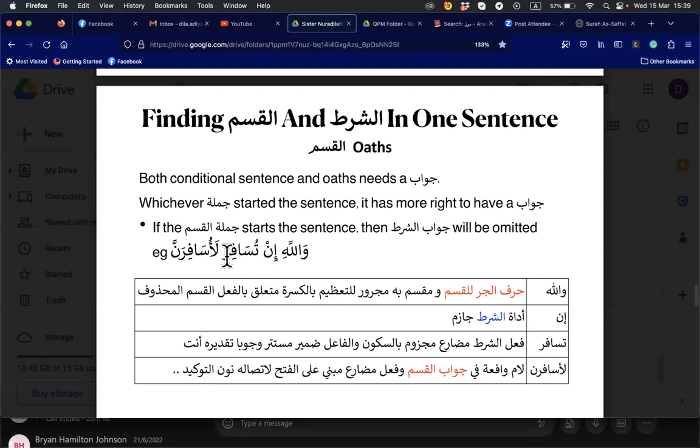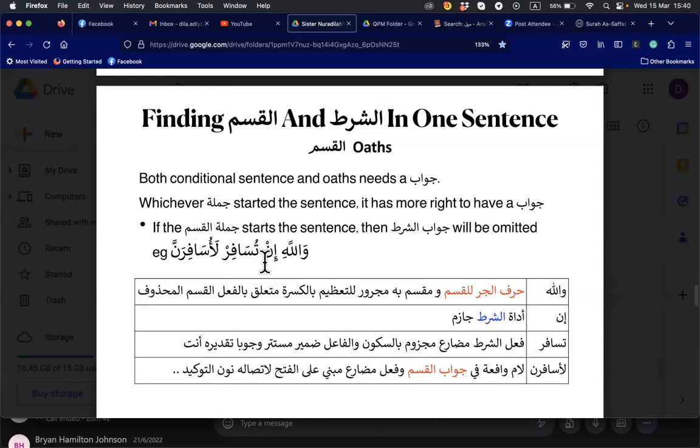So that's why they say, what happens when two things come at once, right? You have a qasam and a shart, right? So what happened is, since the qasam comes first, this lam is lam waqi'ah, but it's for the jawabul qasam, not the jawabul shart.